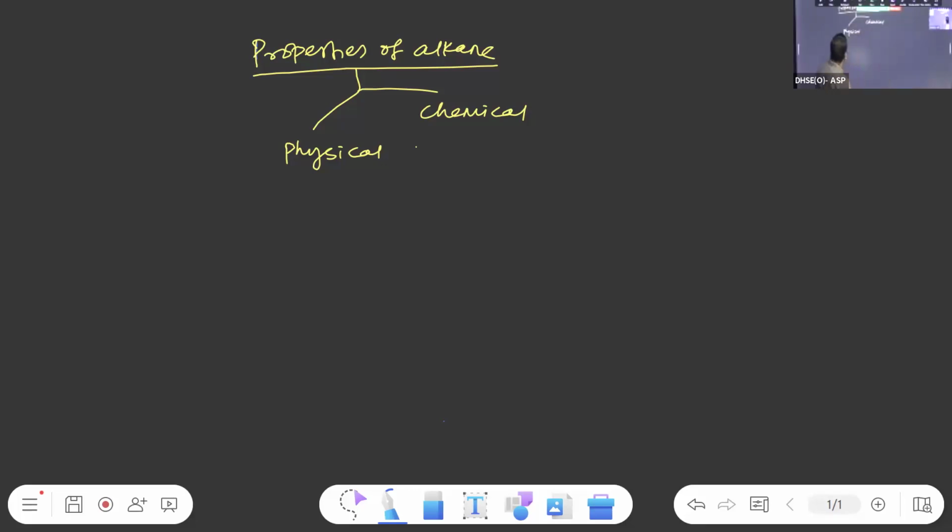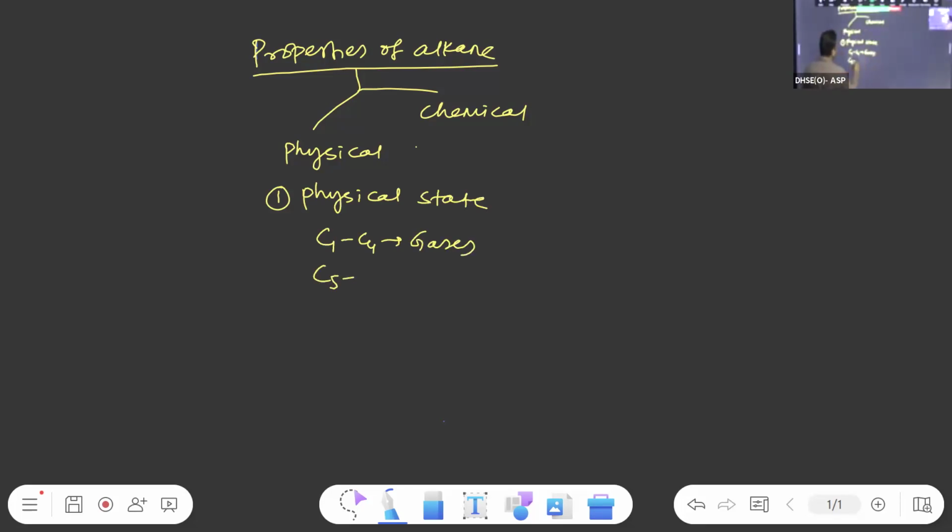Under the physical properties, first, physical state. What is the physical state of alkanes? Carbon 1 to carbon 4, that is methane to butane, all are gases.